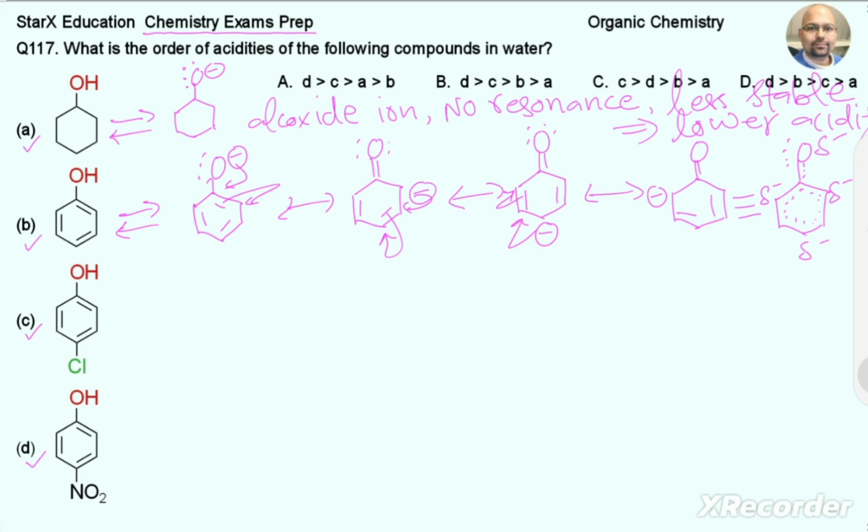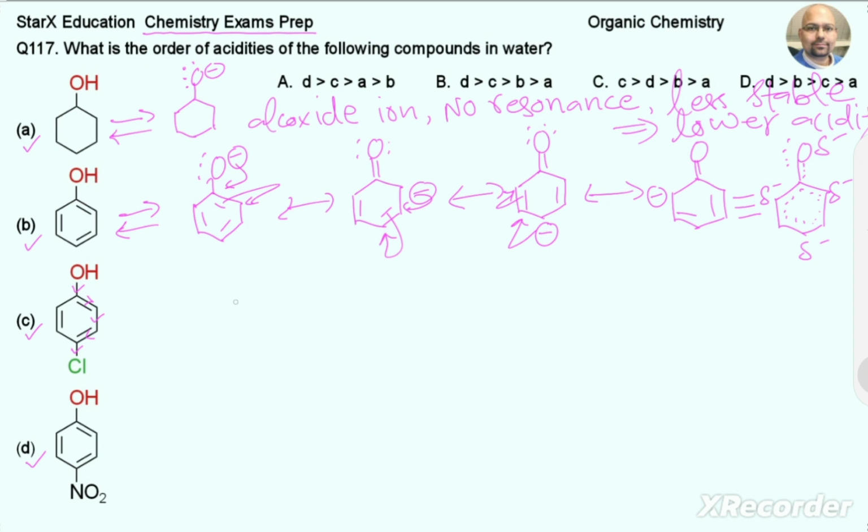Now let's see the effect on acidity when an electron withdrawing group is present. For example, here the chlorine has very high electronegativity, so it tries to pull the electrons through the sigma bonds, and this kind of delocalization of electrons via sigma bonds is a permanent effect.